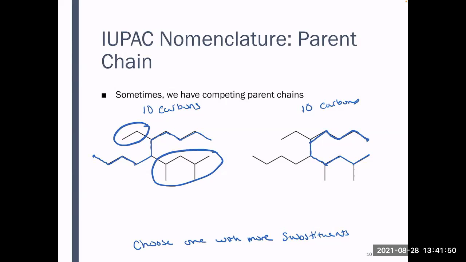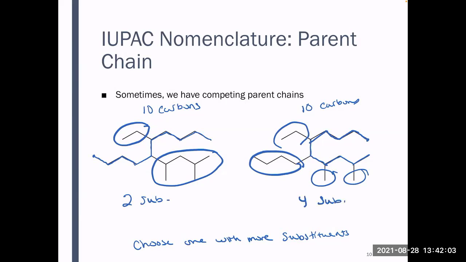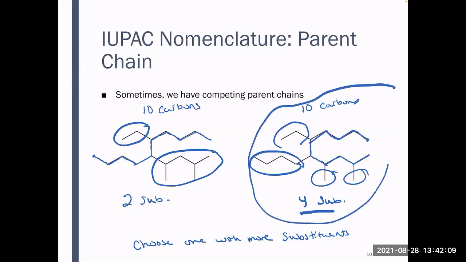Again, they're groups coming off the main parent chain. So this one has 2 substituents. And then in this version, I have 1, 2, 3, 4 substituents. So again, you choose the parent chain that gives you more substituents. So this would win, and this would be my parent chain here, not this.